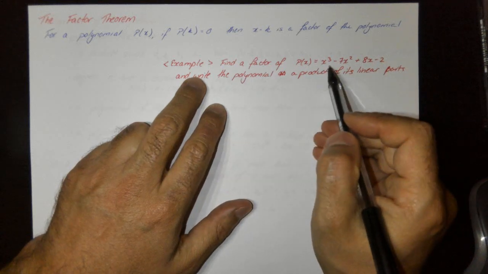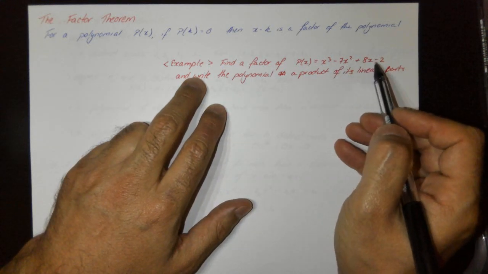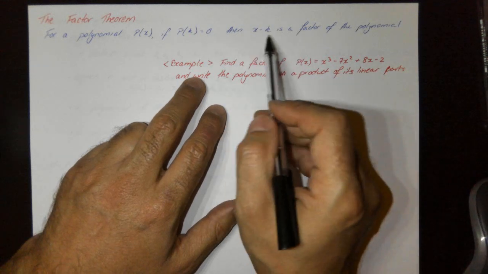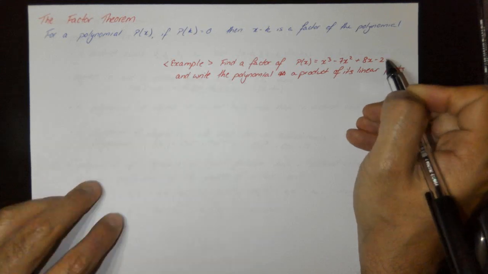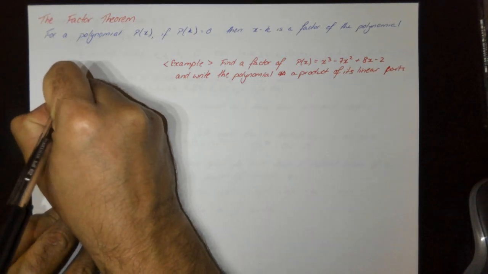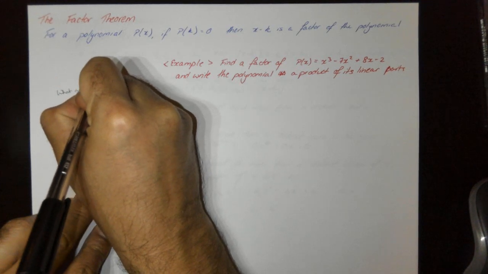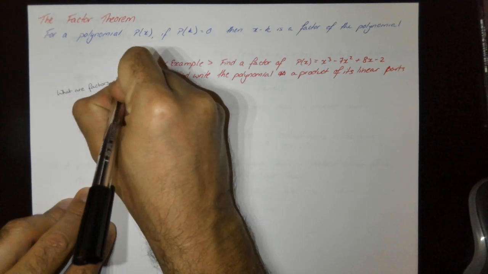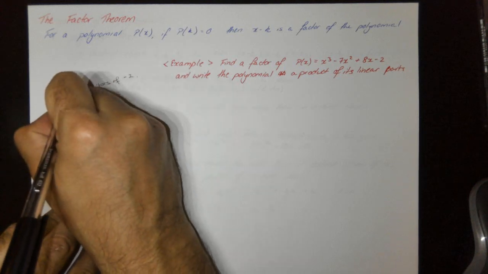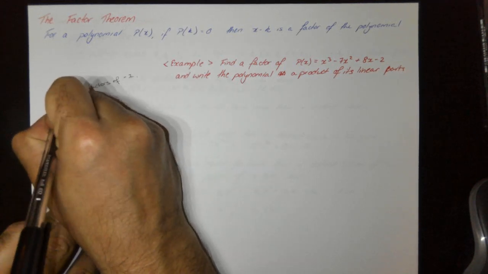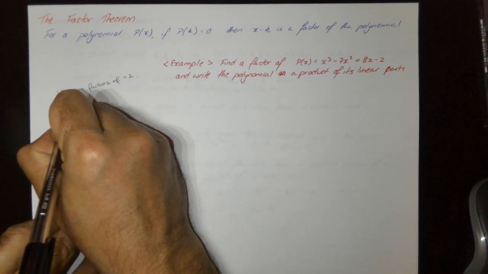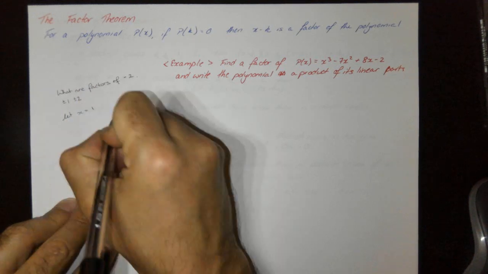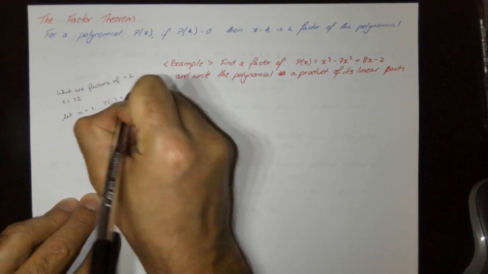Okay, so let's do an example. Here we have the polynomial x cubed minus 7x squared plus 8x minus 2. To find a factor of this polynomial, I need to look at this last term and find the factors of negative 2. So I ask myself, what are the factors of negative 2? That includes 1 and 2, plus or minus. So let x equal, let's say, 1. What does p of 1 equal? We're going to plug it in.